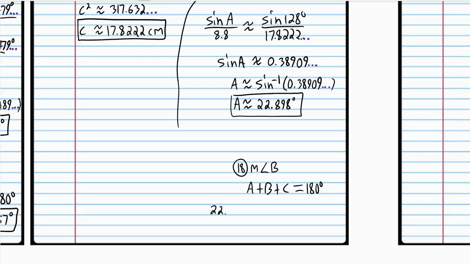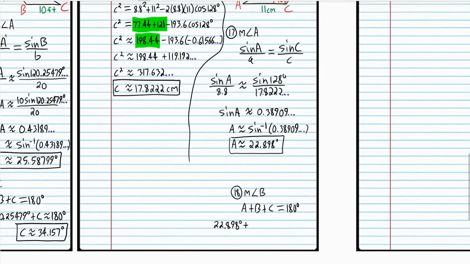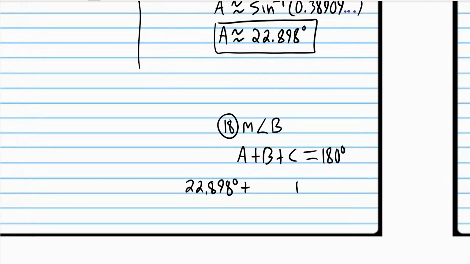So A is 22.898 degrees, and the measure of angle C is 128 degrees. And technically this is an approximately equal to symbol.